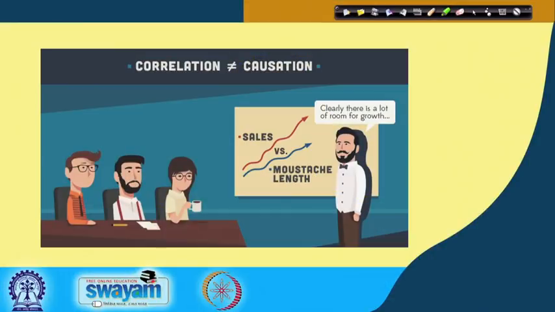I would like to start with a funny cartoon. Many a time you may like to correlate non-related things, and this is where you need to appreciate that correlation is not equal to causation. The cartoon shows growth in sales and growth in the manager's mustache length.